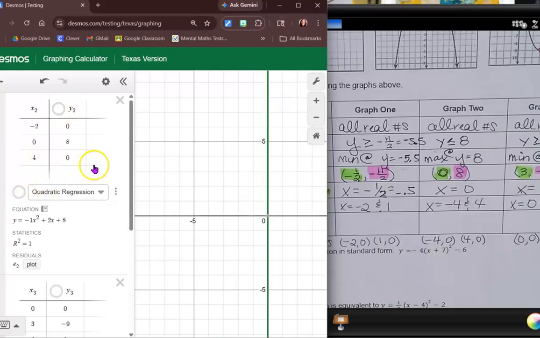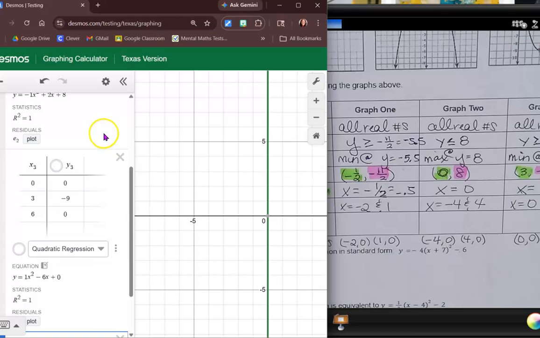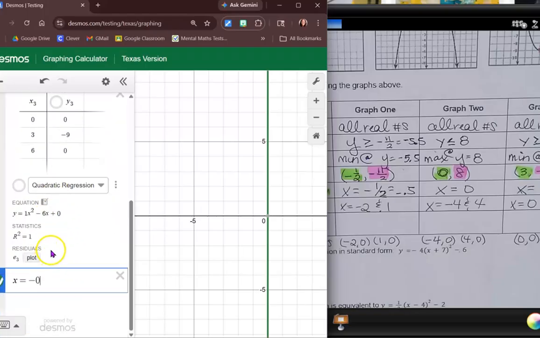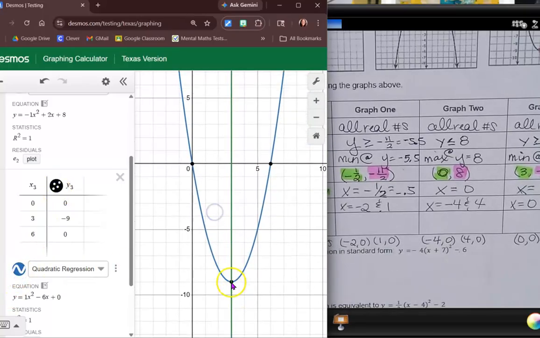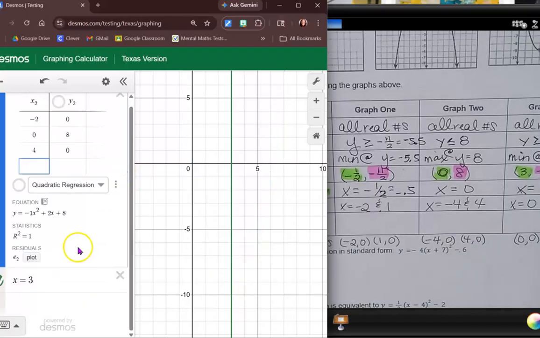Nope, that's not the one. I don't know which one this is. (0, 0), (3, -9). Oh, that should have been x equals 3. My bad. X equals 3. Turn this on. There we go. It should cut right through your vertex and split your parabola in half.